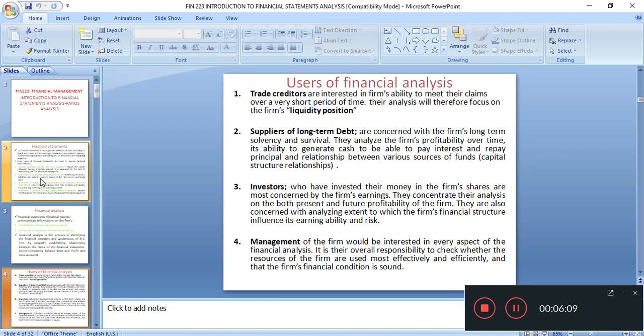It is their overall responsibility to check whether the resources of the firm are used most effectively and efficiently, and that the firm's financial condition is sound.